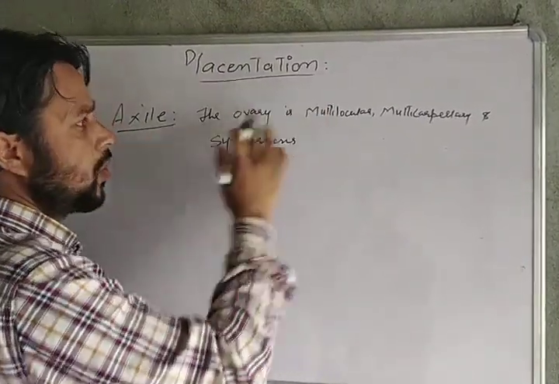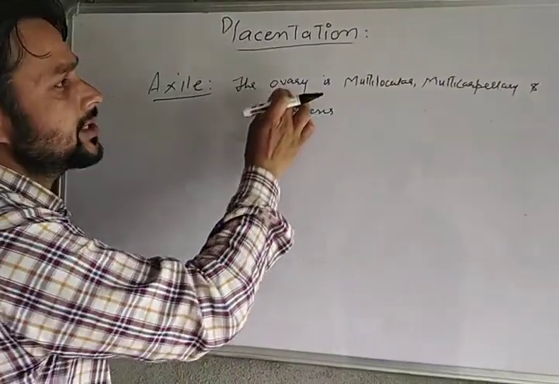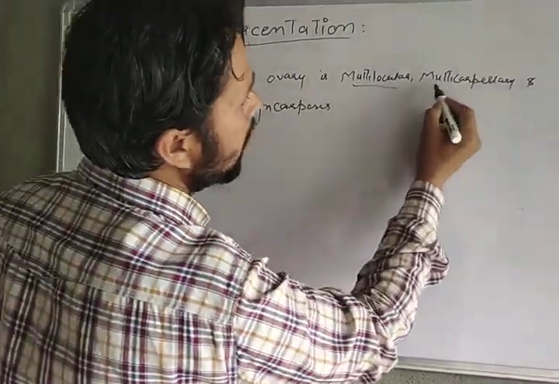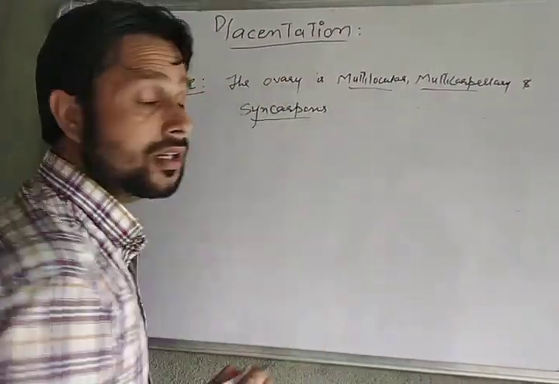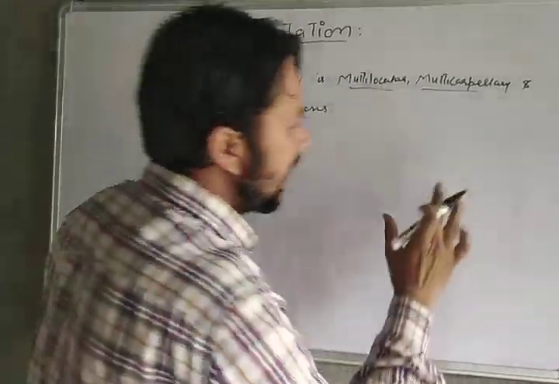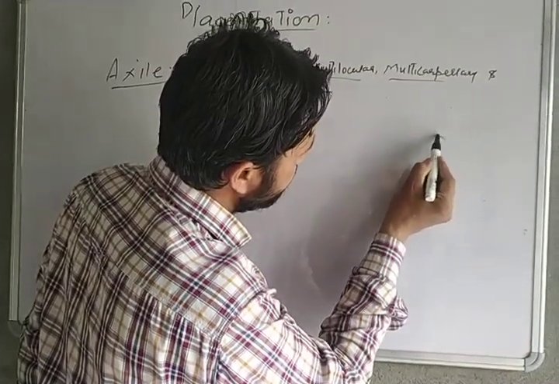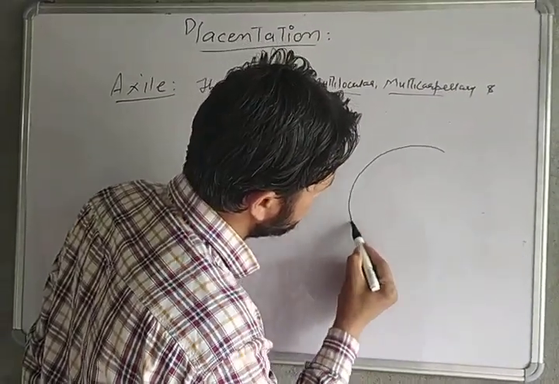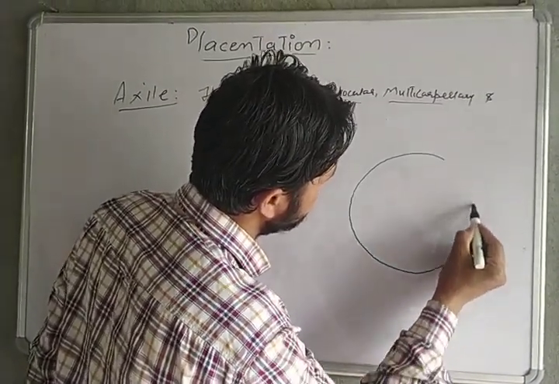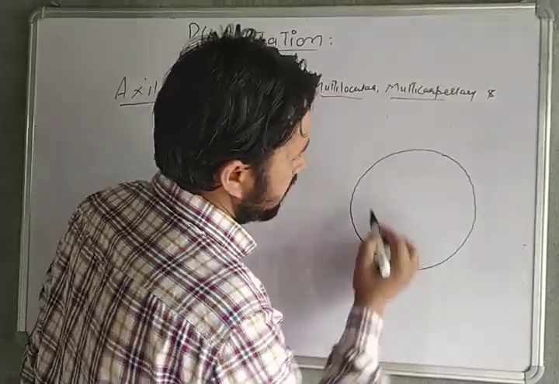So the condition of the ovary in axial placentation is that the ovary is multilocular, multicarpellary and syncarpous. Okay, what happens here? I will show you. This is the ovary.